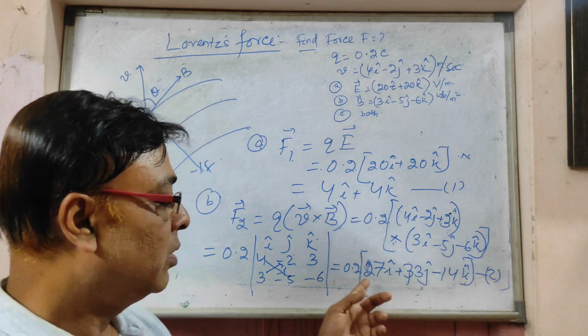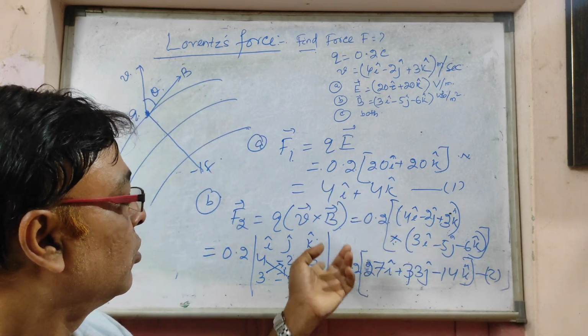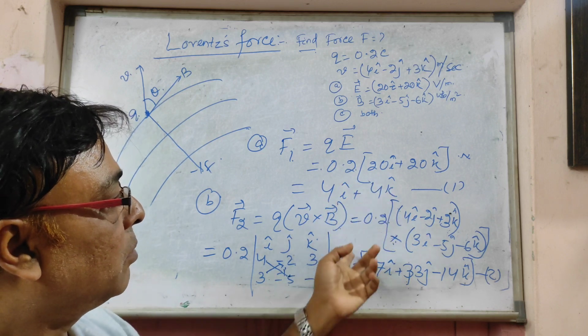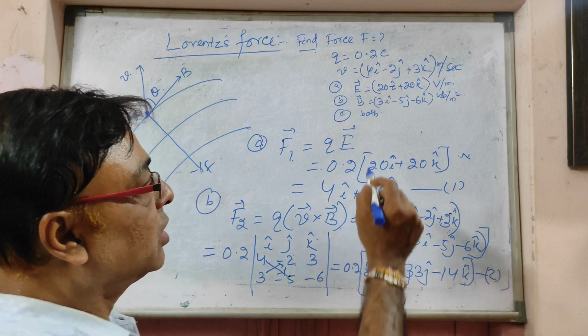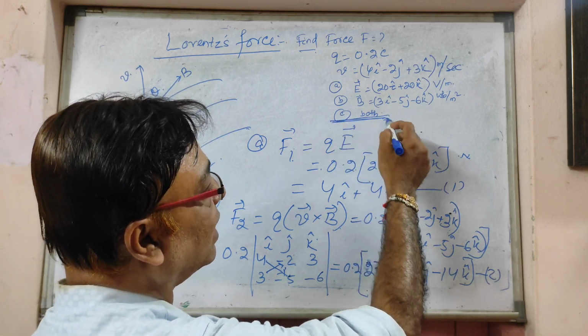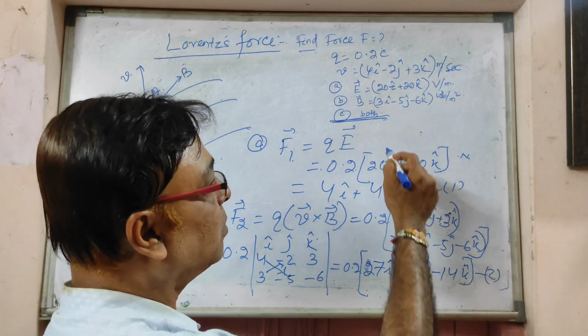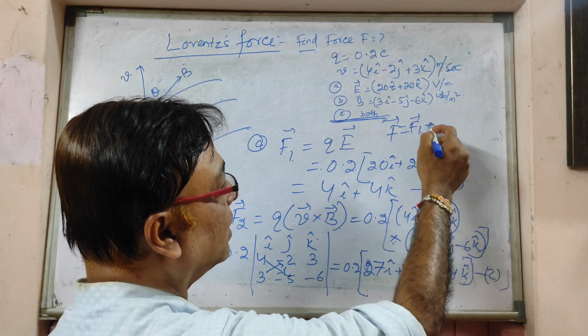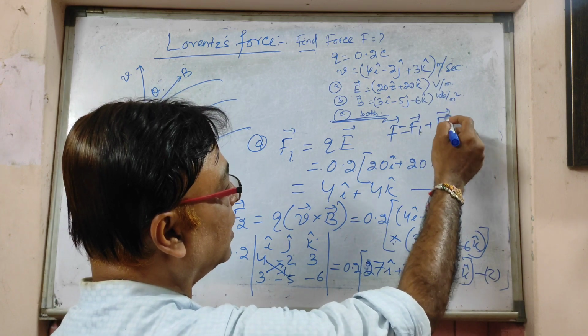Now we have found this one due to the magnetic field, and this one due to the electric field. If we combine them, the force acting on the charge due to both the electric field and the magnetic field is F is equal to F1 plus F2. That means we have to take the vector sum.